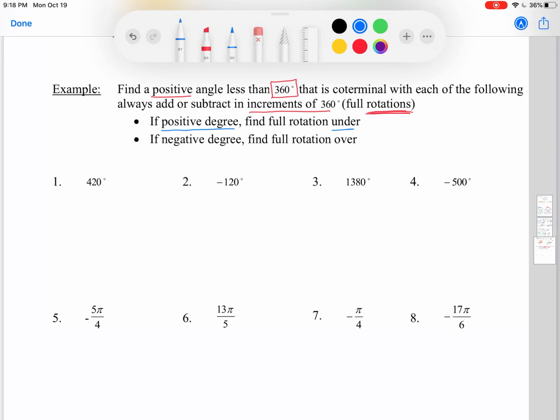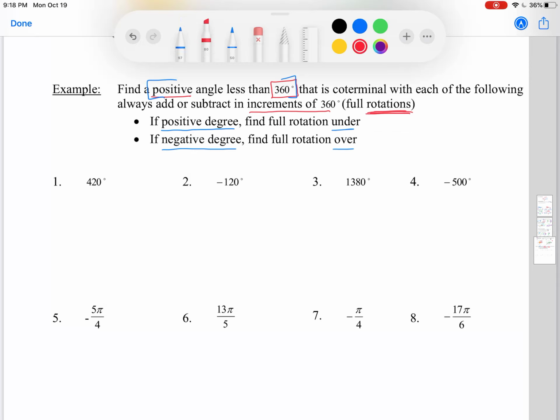And so there are some hints here to get you started. If you have a positive degree, you're going to find the full rotation under, which means you're probably going to have to subtract a rotation. Subtract 360 degrees. And similarly, if I gave you a negative degree, you're going to have to add a full rotation over.